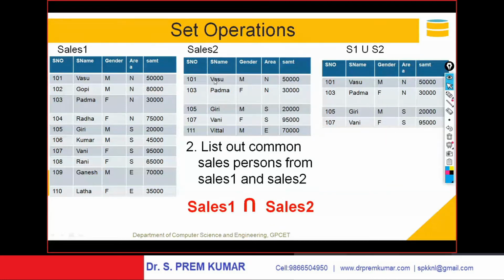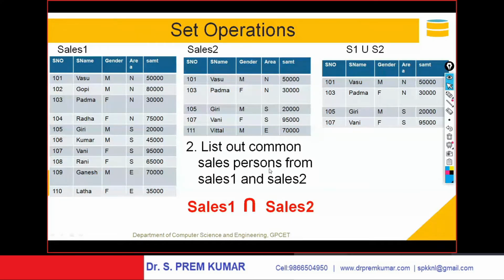The common salespersons are 101 Vasu, 103 Padma, 105 Giri, 107 Vani, and that's all. We are not getting 111 Vittal, because 111 Vittal is only in sales 2 and is not available in sales 1. Output is 101, 103, 105, and 107.